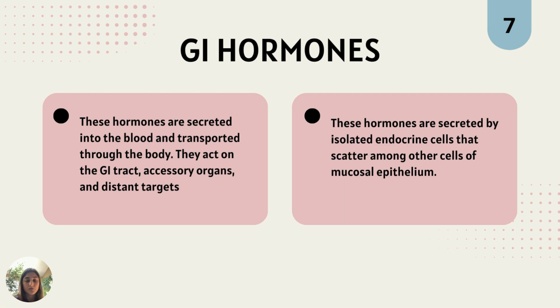I would like to now talk about GI hormones and the history of these hormones. These hormones in the gastrointestinal tract occupy an interesting place in the history of endocrinology. Starting in 1902, two physiologists discovered that acidic chyme entering the small intestine from the stomach causes the release of pancreatic juices even when the nerves of the pancreas were cut.